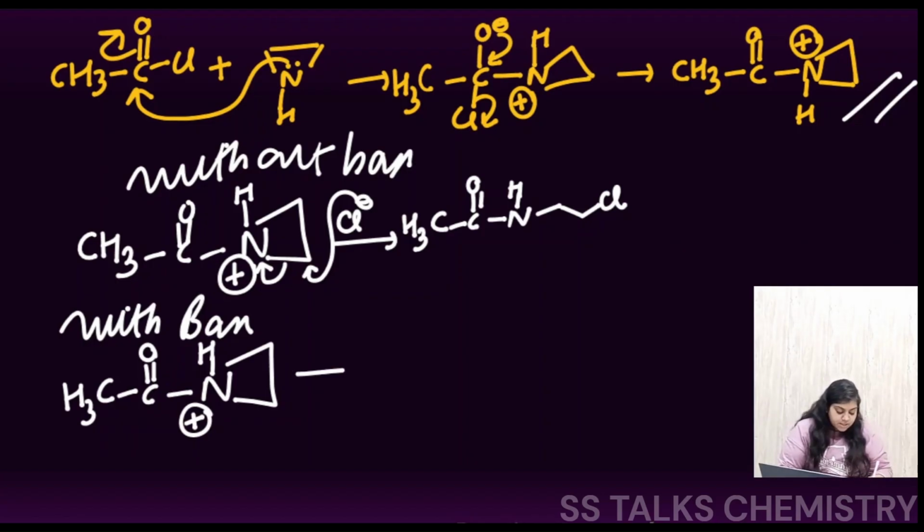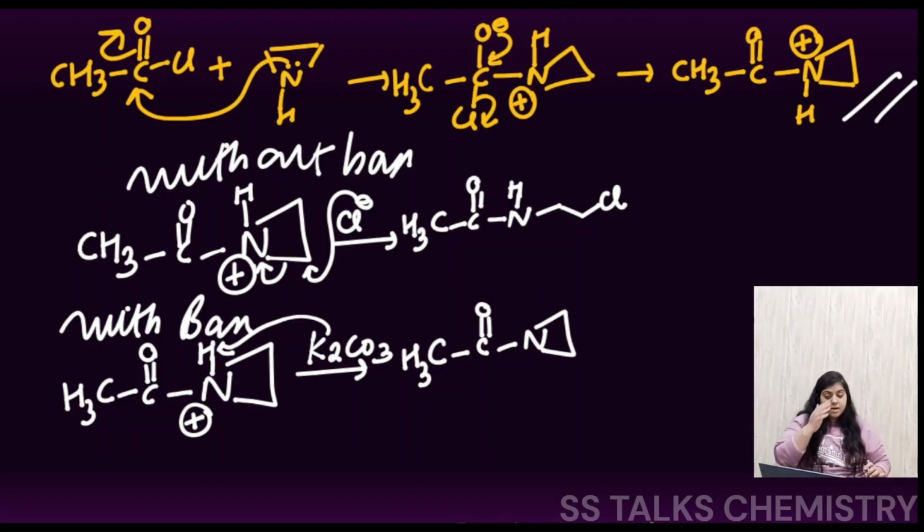Now, suppose the basic condition is K2CO3, which is a weak base. This base comes and abstracts the proton from here, giving us the product CH3 C double bond O, with nitrogen and the three-membered ring present.